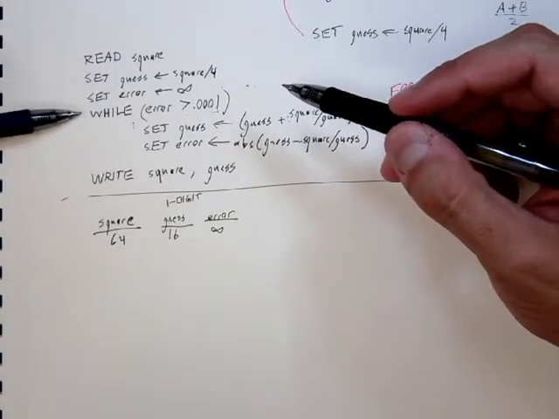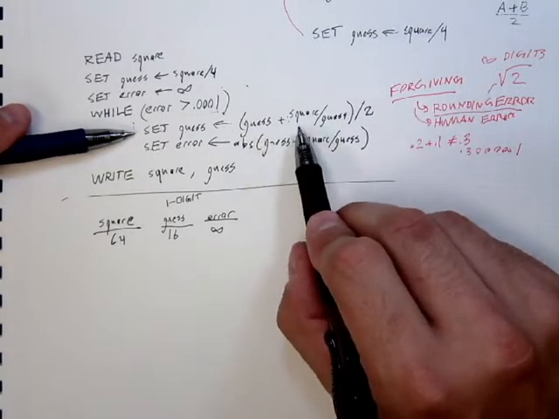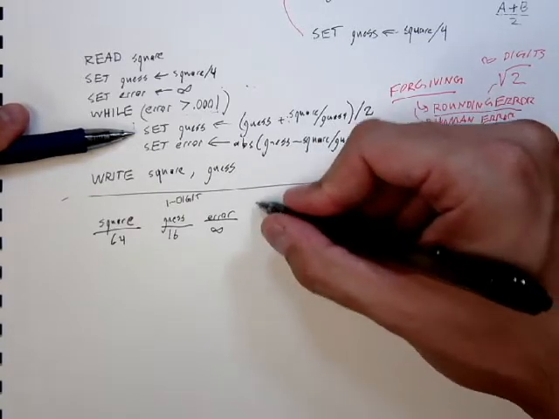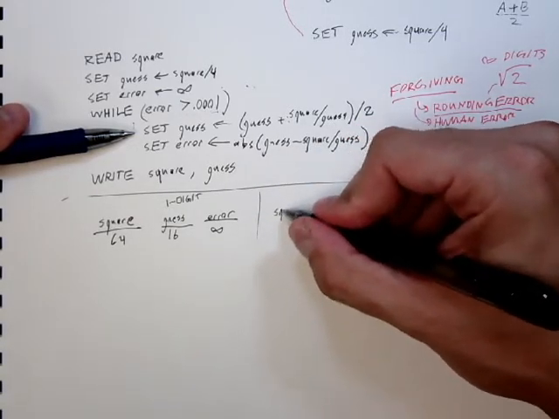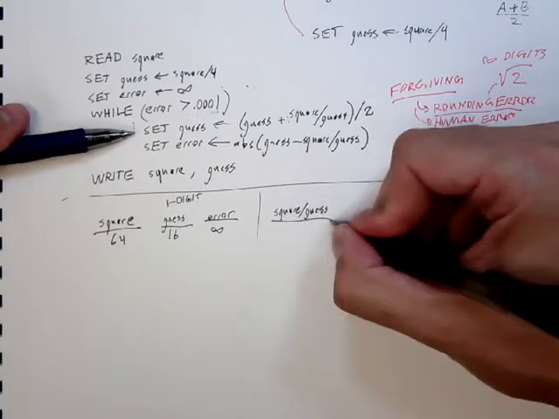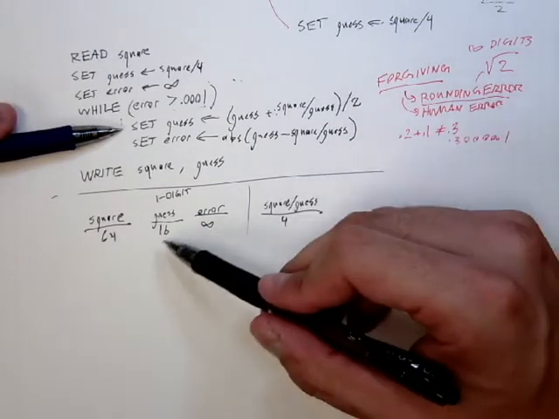Error is greater than that tolerance, so I'm going to set guess to guess plus square over guess, divided by 2. I'm going to make a new column, even though it's not a variable, for that expression. So this is my little watch expression. So square over guess is 4, because we chose it that way.